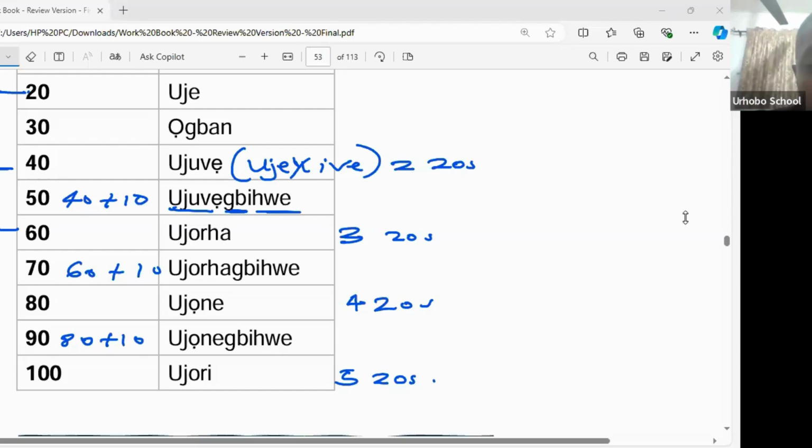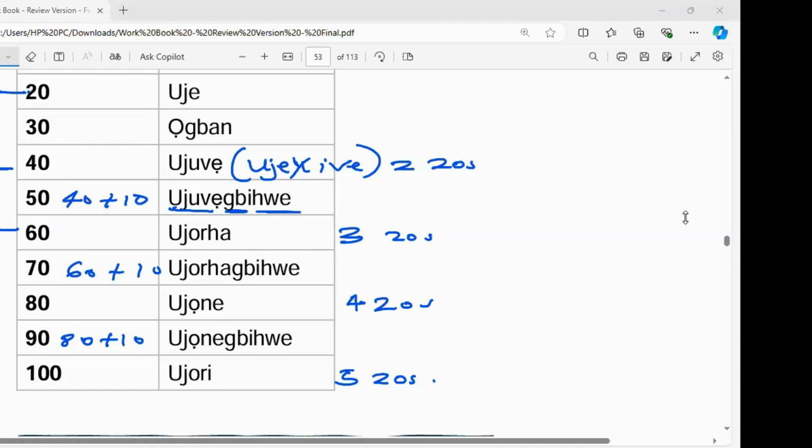Okay. Ujora. Now count from 60 to 80. You're already getting used to it. So 60 to 80. Let's hear. Ujora Bovo. Ujora Bive. Ujora Bera. Ujora Bene. Ujora Biore.